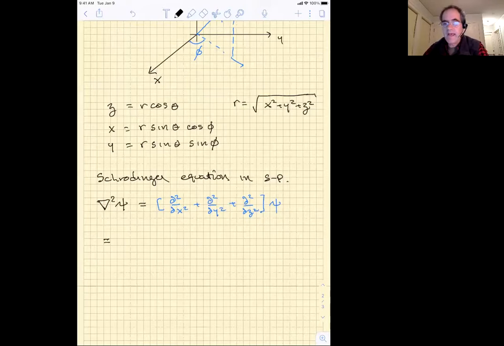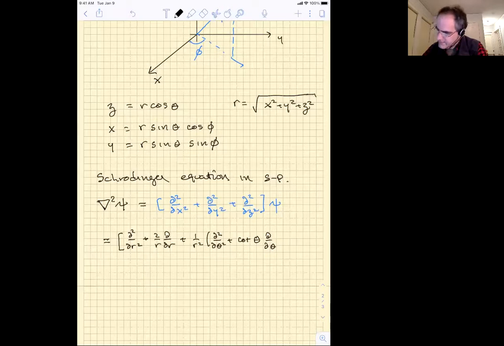And here I'll write it out. And I don't mean for you to memorize this. I just want you to see that this can be done with a little bit of algebra, and we can find the solution. And here's what it looks like in spherical polar coordinates. Second derivative with respect to r plus 2 over r, first derivative with respect to r, plus 1 over r squared times second derivative with respect to theta, plus cotangent of theta times the first derivative with respect to theta.